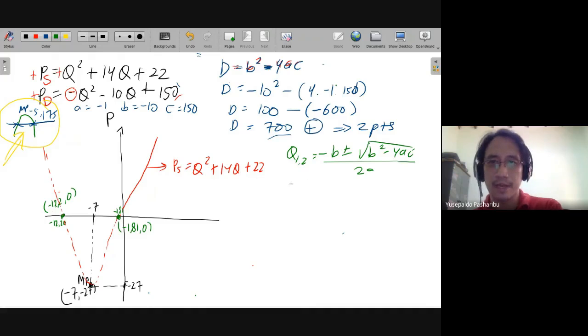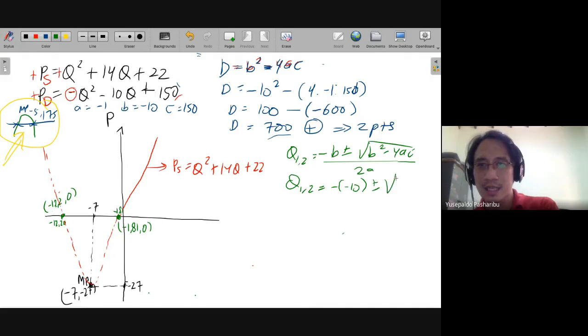So minus minus 10 plus minus square root of 700, which is B squared minus 4AC, divided by 2 times minus 1.